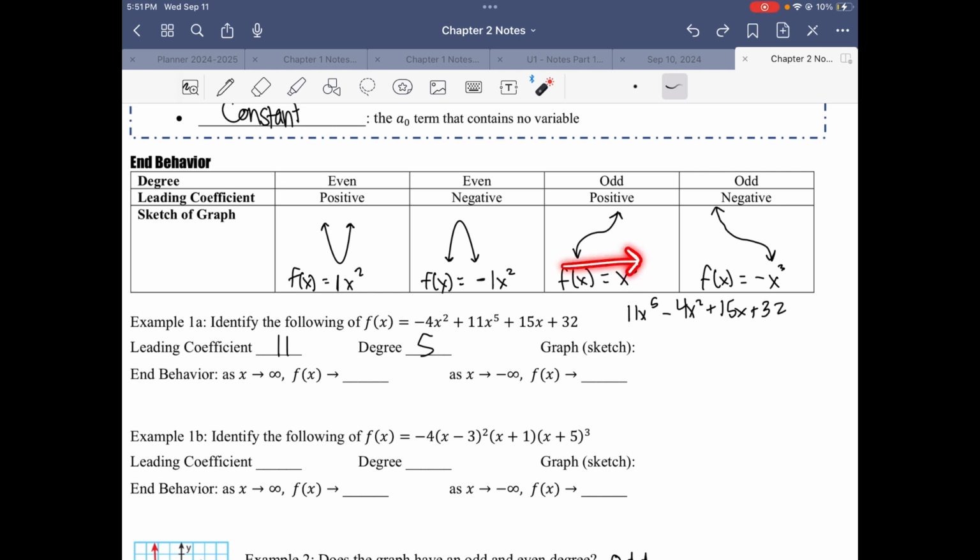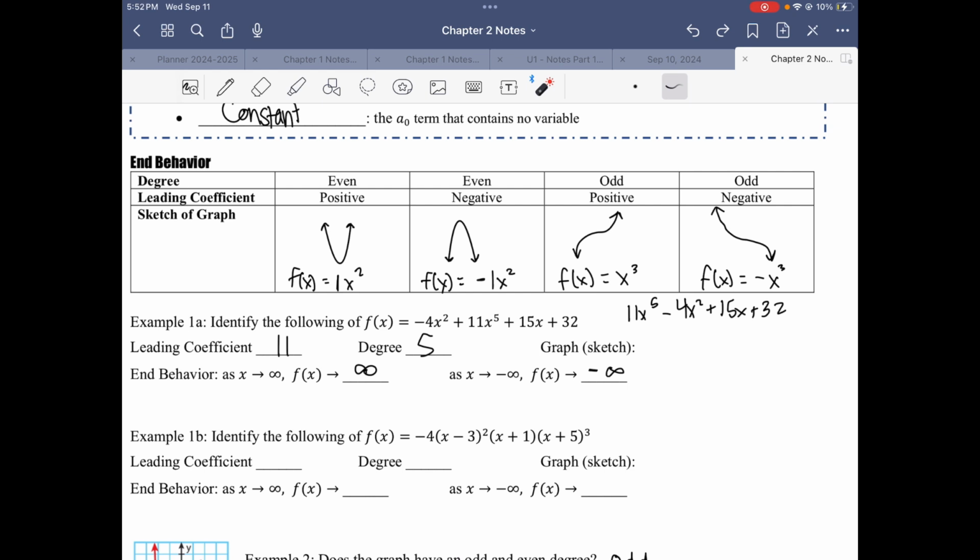So as we move to the right, y is going upward. So we would say that f of x goes to infinity. Similarly, if we're talking about x going to negative infinity, that means we're moving left. So as we go left, our function is headed downward. So as x approaches negative infinity, f of x approaches also negative infinity.